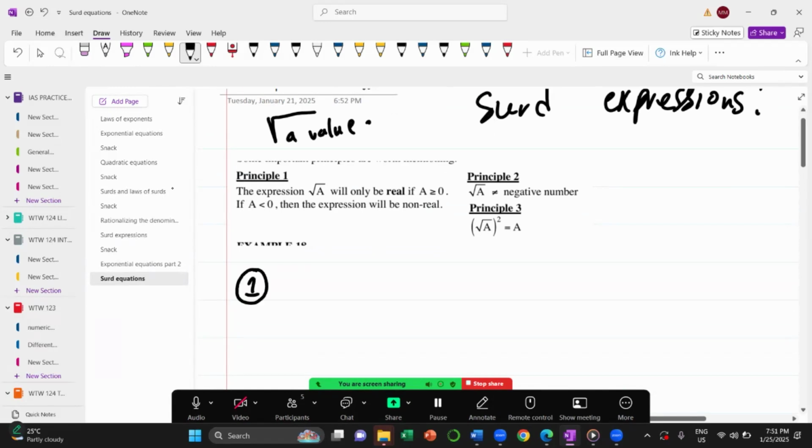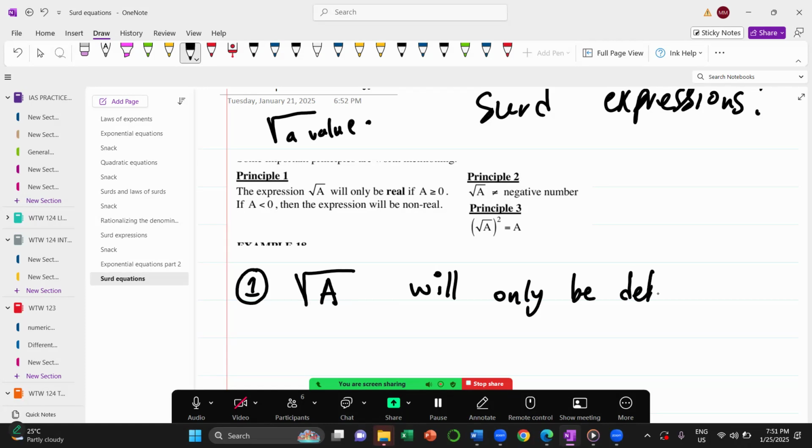Law number one says the square root of a variable a will only be defined, or be real, only if a is greater or equal to 0.